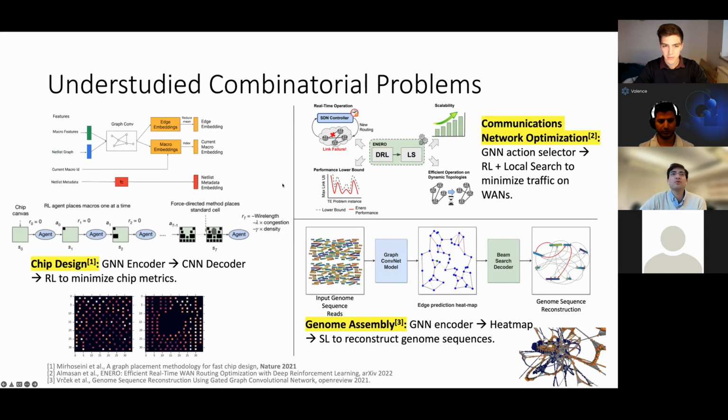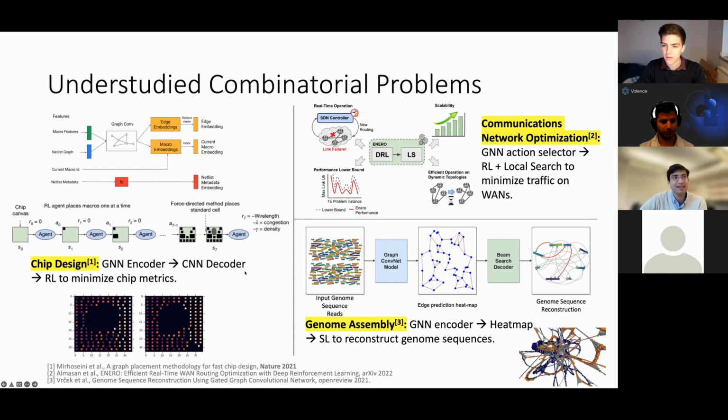So to give you some cool examples that I really like, the first one we already talked about. This is the big one in Nature. This is from Google Brain. They're essentially designing TPUs with this neural combinatorial optimization type framework.